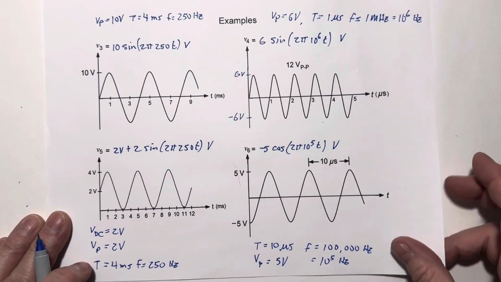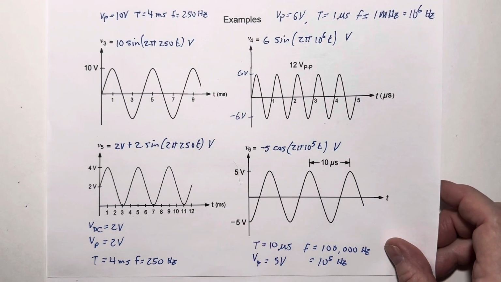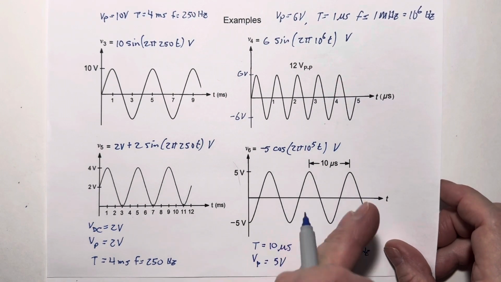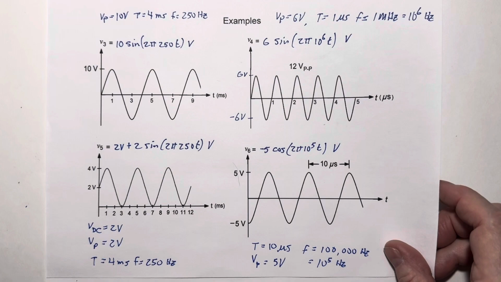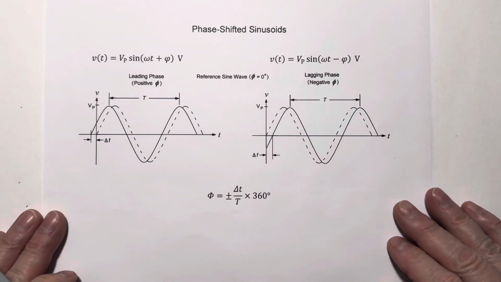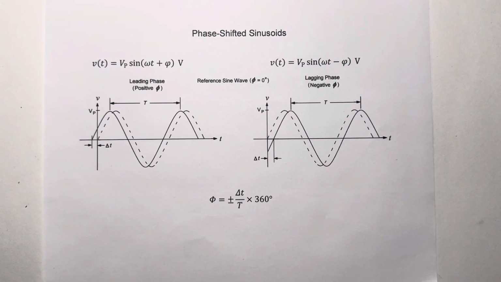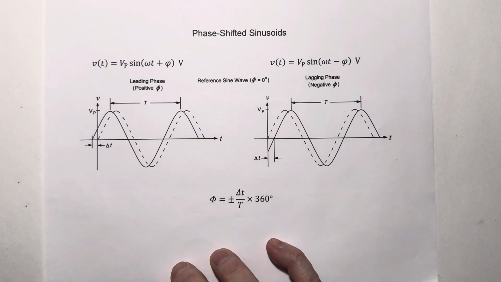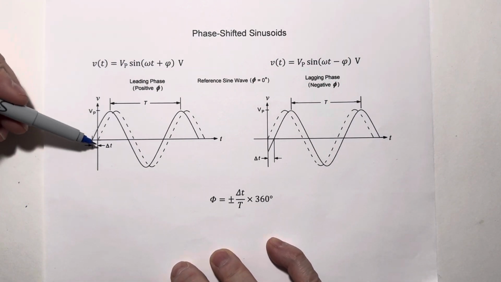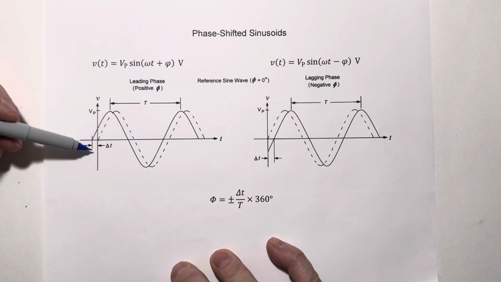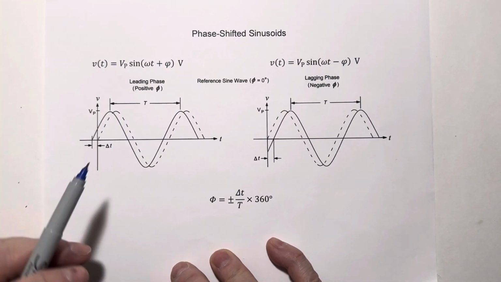All right. Now, since we're talking about shifted sine waves, let's expand on that and look at the more general case of a phase-shifted sinusoid. Looking at the waveforms, the dashed waveform is our unshifted sine function.